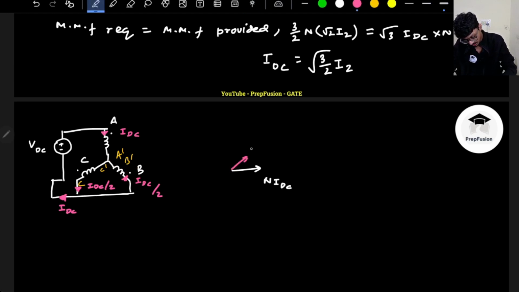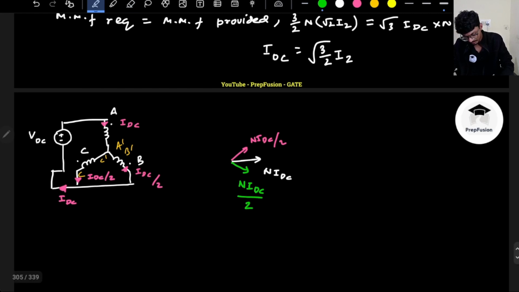This time the magnitude is NIDC by 2 because current is halved, and C positive direction should be somewhere here, but again current is leaving the dot, so it will be negative, that is here. NIDC divided by 2. Again the same thing, right?